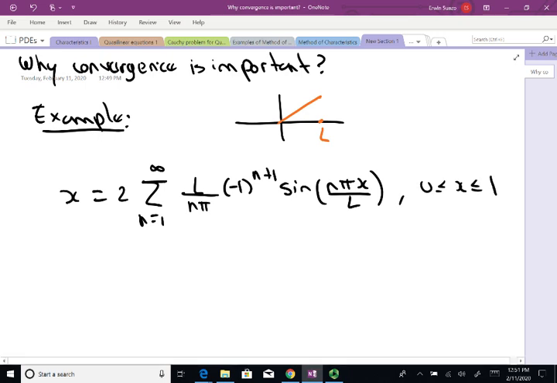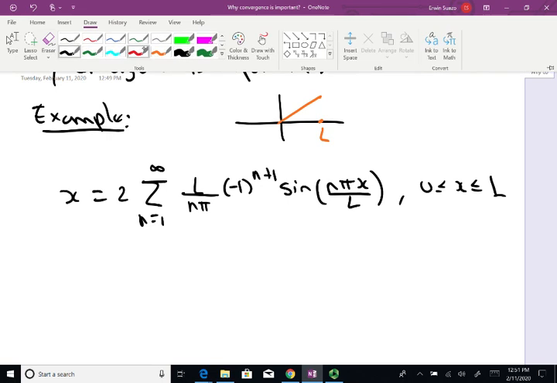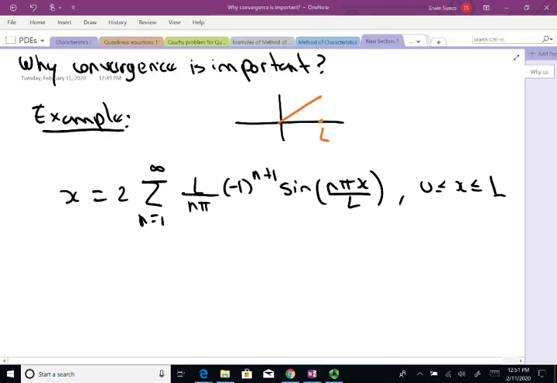Okay, L. But now we know we can do, just for review, this is a sine series, so it has to be symmetric with respect to the origin, so the extension will be like this, minus L, and then periodically going like that, right?